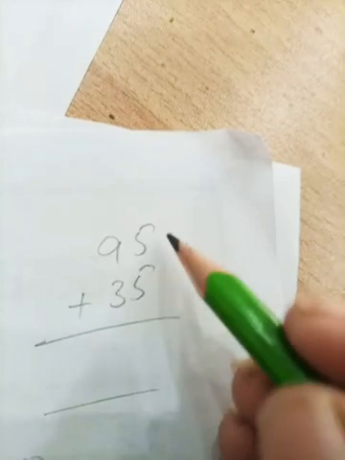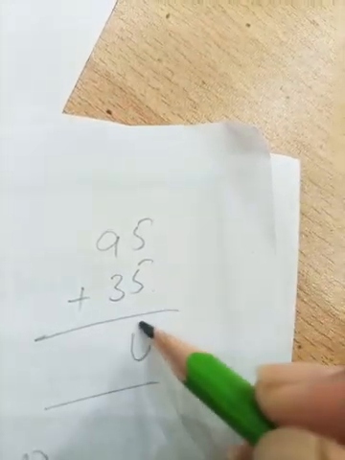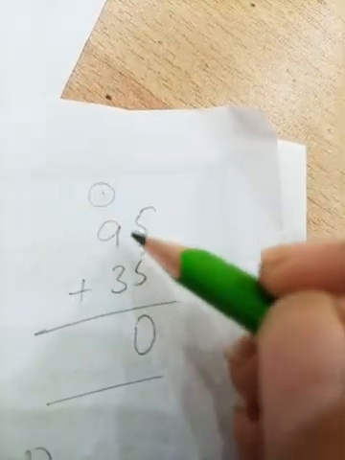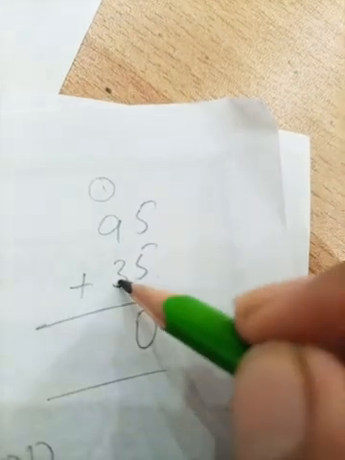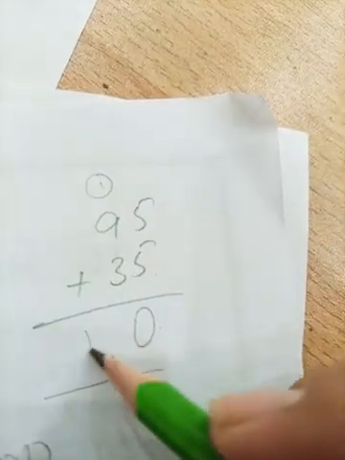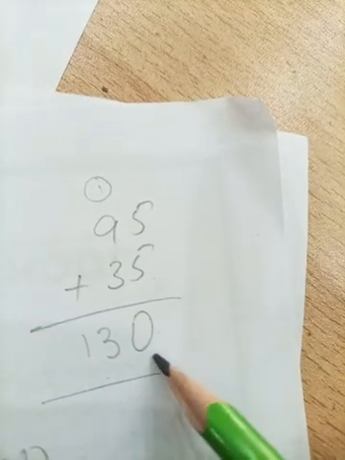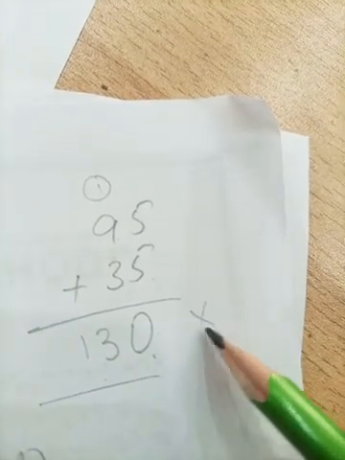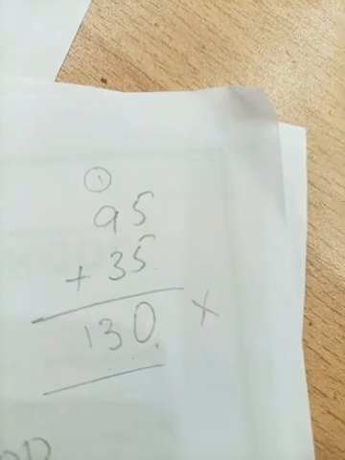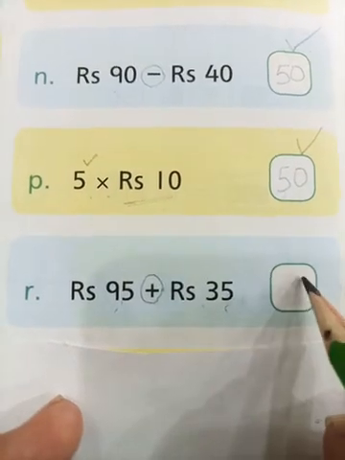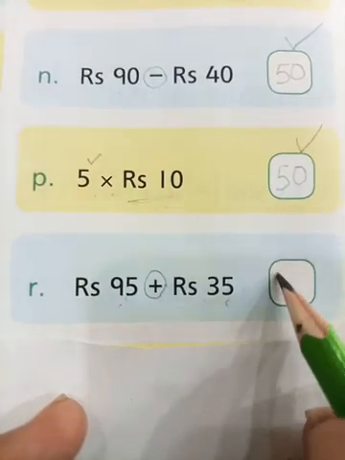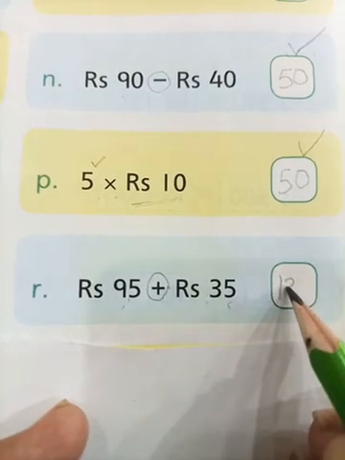Let's add 5 plus 5, that is equal to 10, 0 and 1 carry, 9, 10, 11, 12 and 13. So students, here is my answer 130. 95 plus 35 is equal to 130.